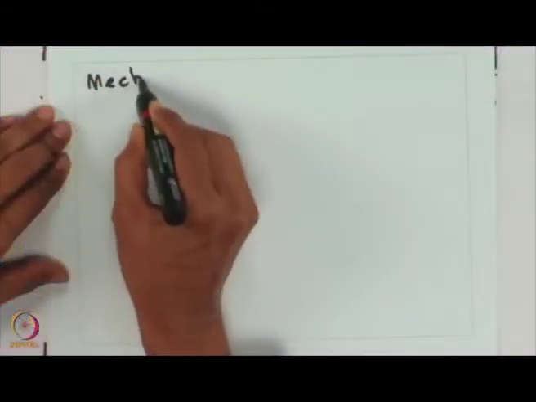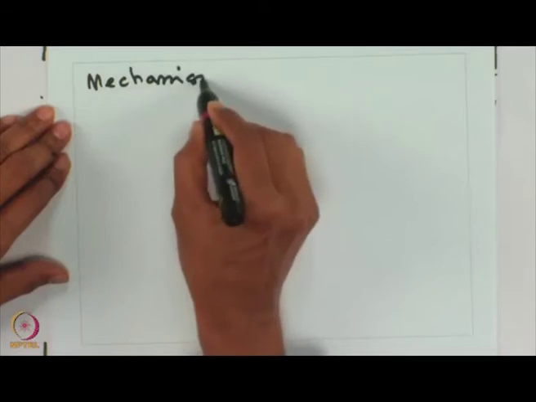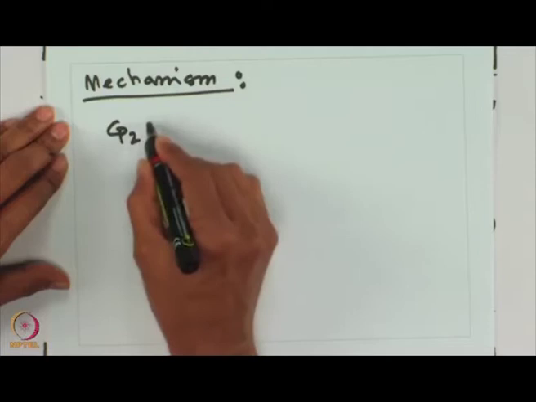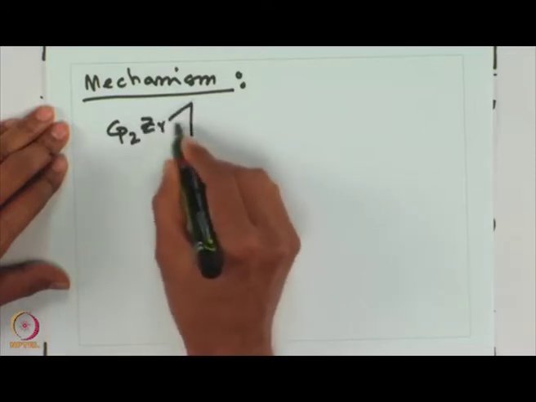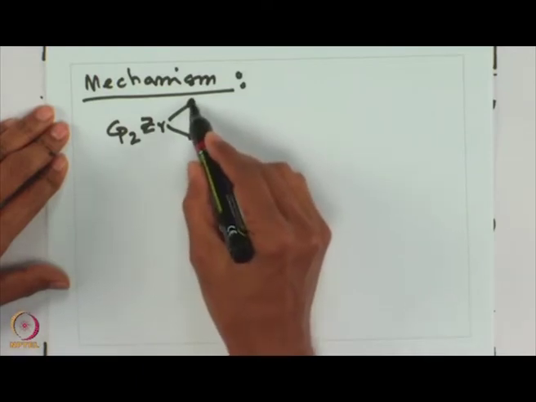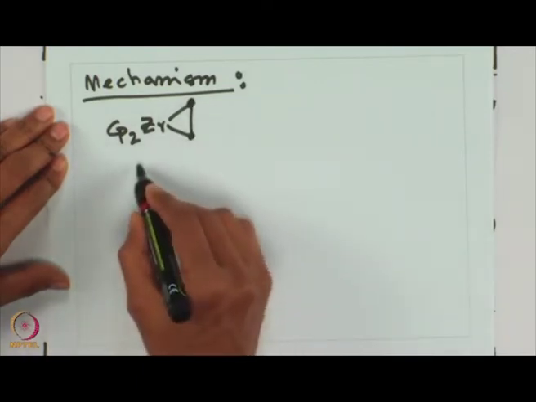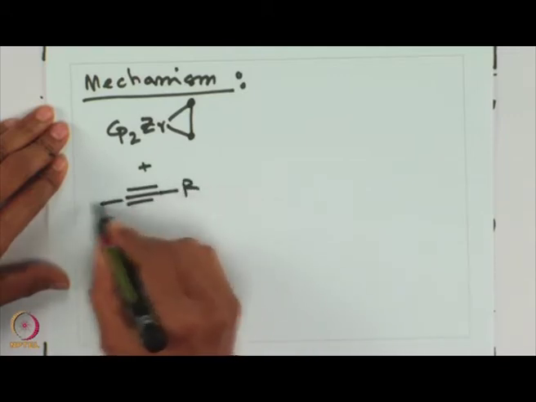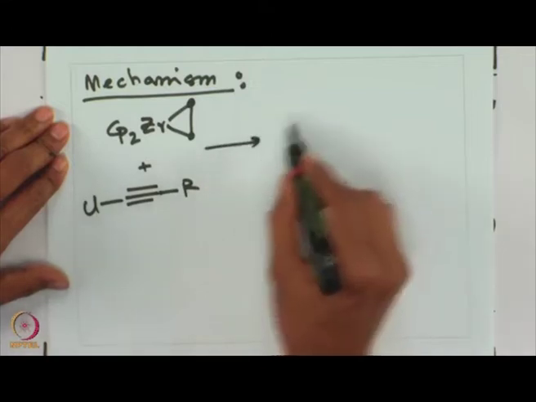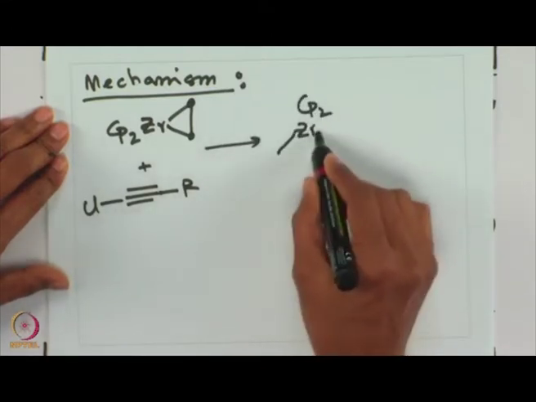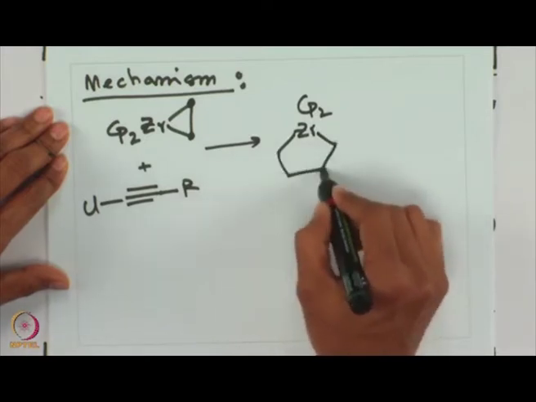Overall, we will have the mechanism of the cyclobutene formation. In the process, of course, the zirconocene cyclopropane ring will be formed. This is the ethyl magnesium bromide partner that is generating this intermediate. We have, let us say, R alkynyl chloride, and we will get a 5-membered intermediate where zirconocene is part of the ring.